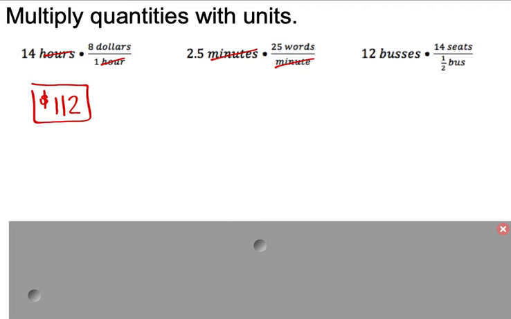The minutes reduce. 2.5 times 25, that's 62.5 words. 12 buses with 14 seats per half bus. The buses reduce. 14 times 12 divided by a half. Dividing by a half is the same as multiplying by 2. So I'm going to do 12 times 14 times 2. That's 336 seats.